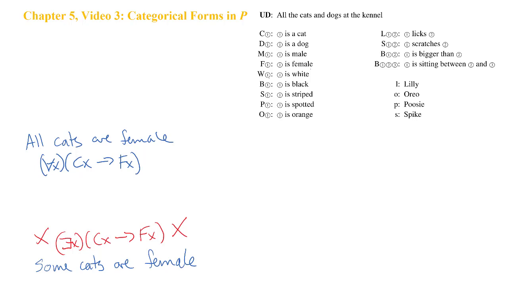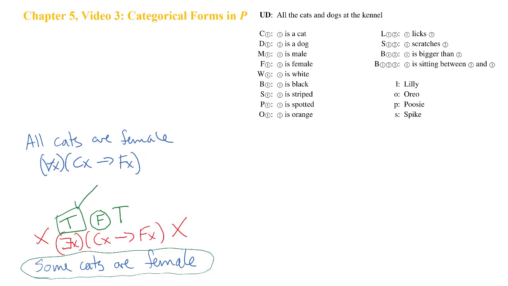And as we were seeing a little earlier, if we take a non-cat as the object we're looking at, we will get a false antecedent, which gives us a true conditional, which will make the existential vacuously true. So as long as there is some non-cat in the universe of discourse, this existential is automatically true, which is not what we want in order to translate the English there.